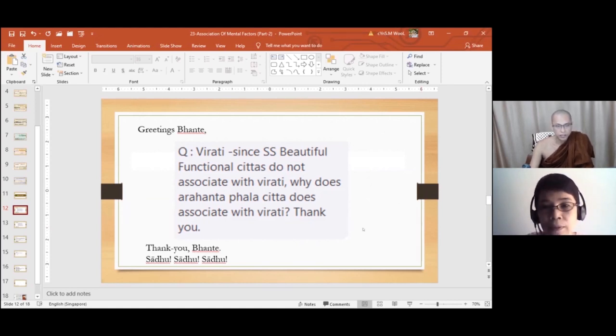Okay. That is a different nature. At the moment of Arahatta Phala, not only Arahatta Phala but all the supramundane cittas need to eradicate the defilements. According to their nature, they need to eradicate the defilements. So the nature of the abstainers is to have the function of eradicating the defilements.